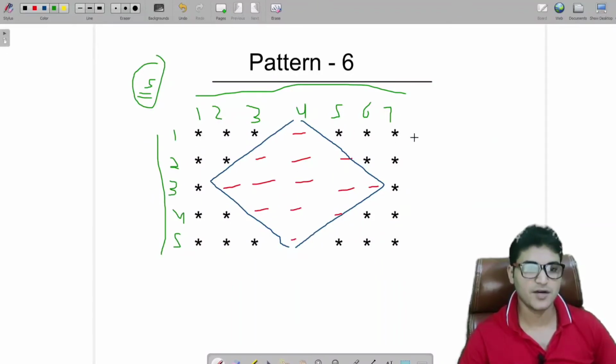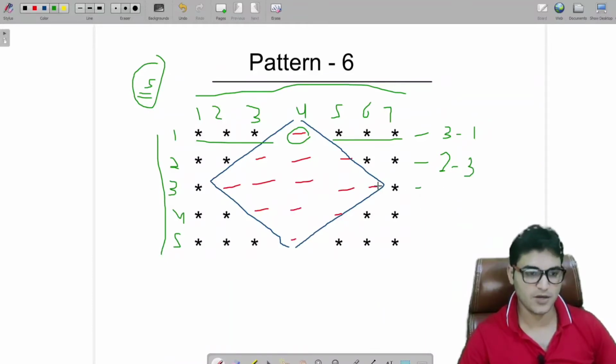Fine. So if you look here, in the first row, how many stars do we have? We have 3 stars and 1 space. And after that we have exactly the same number of stars as we had initially. So 3 stars and 1 space. And in the second row, how many stars do we have? 2 stars and 3 spaces. Look at this carefully.